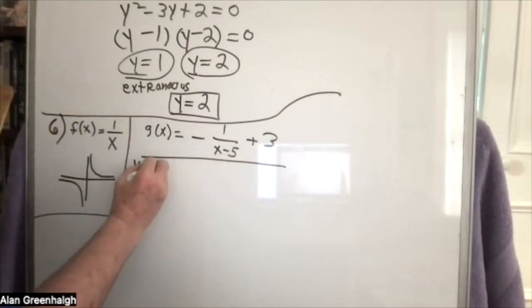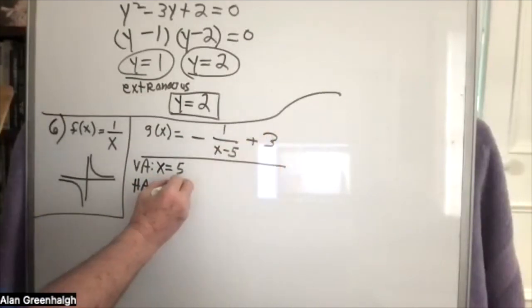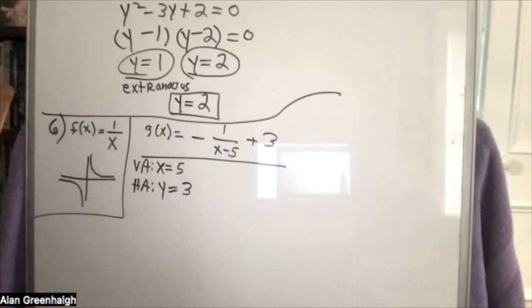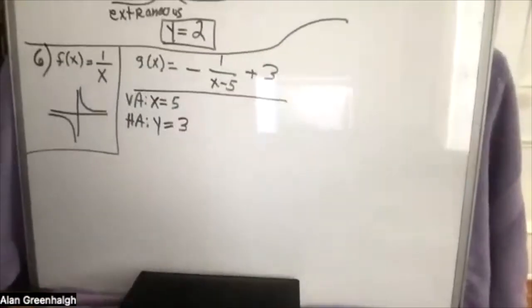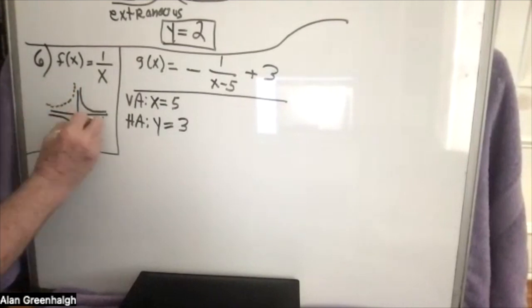So the vertical asymptote is x equals 5. The horizontal asymptote will always be y equals whatever that number is. Well, that's a good start. We also know that there's a negative in front there. When you have a negative in front of a rational function, the negative will cause, this is what the negative will do.